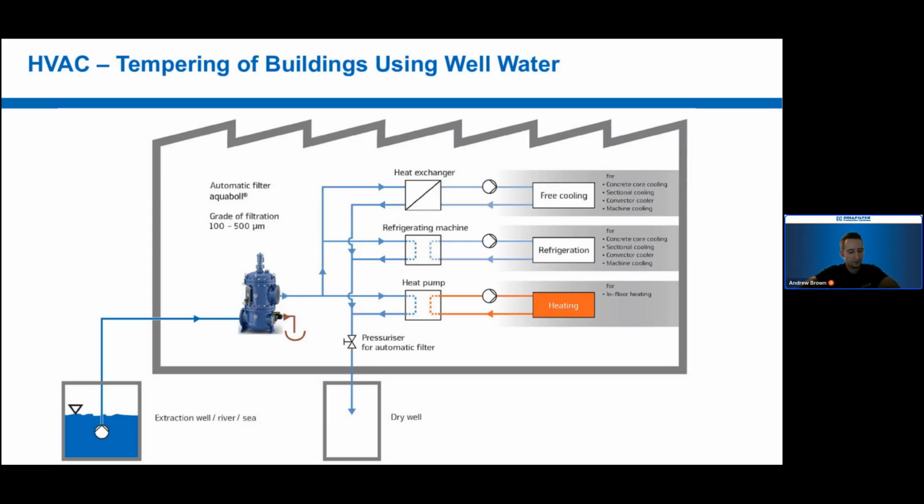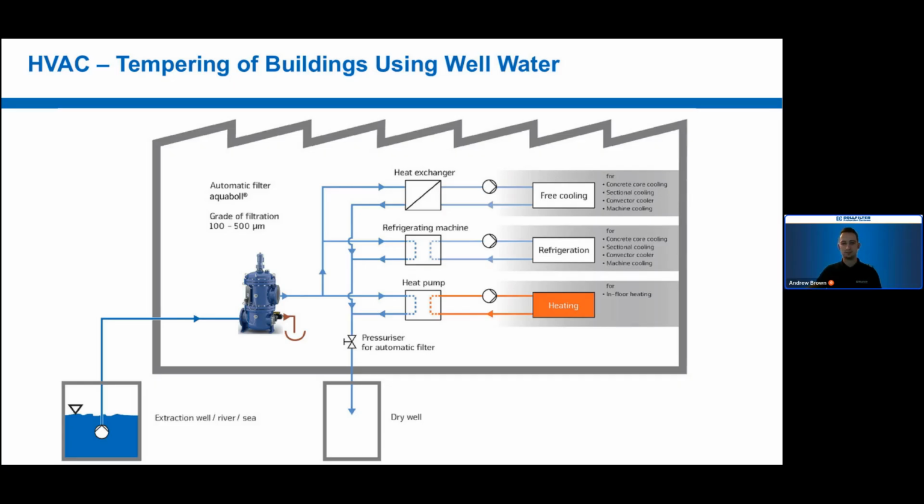So in some instances, if you're taking the source from the sea, for example, the filter with standard stainless steel internals might not necessarily be suitable. So we would offer super duplex internal, sacrificial anode, that sort of thing, just to make sure that the filter lasts its design life, which is normally around 25 years, providing that it's maintained correctly.